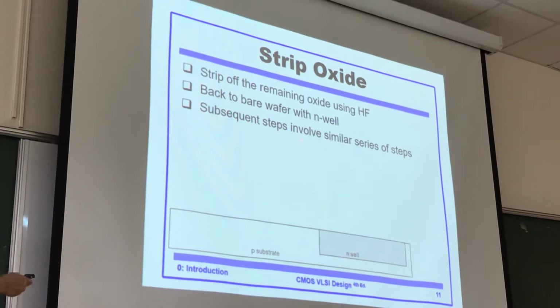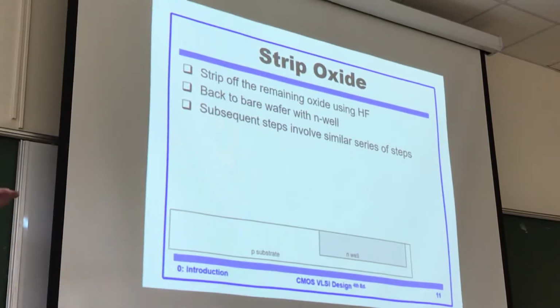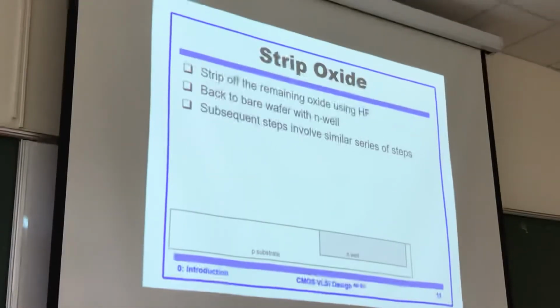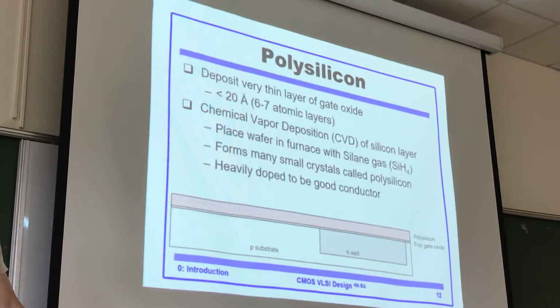The subsequent steps involve similar steps. In the first major step, there are several small steps. For the later layers, one layer, another layer, another layer, just follow similar process steps, and you get the real chip, the real circuit.